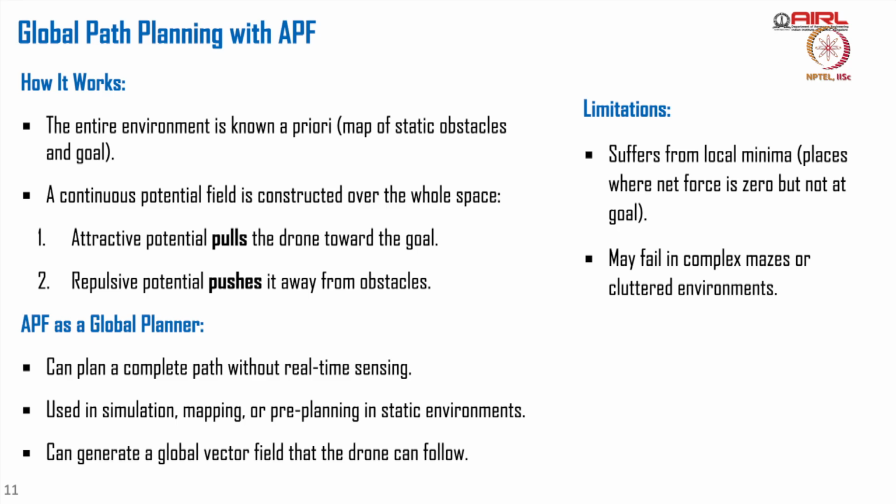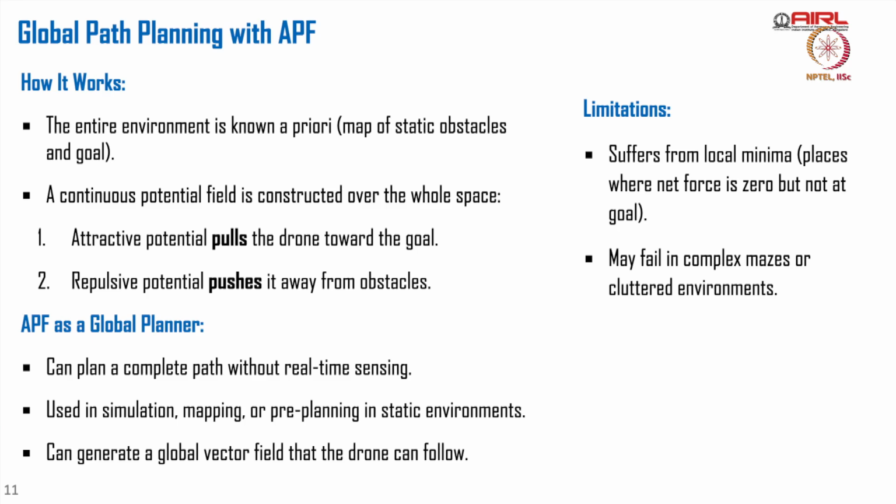I can use this in simulation, mapping, pre-planning of a static environment. I can generate a global vector field that is always present so that the drone can follow. This is more like procedural path planning, the terrain avoidance aspect of it.